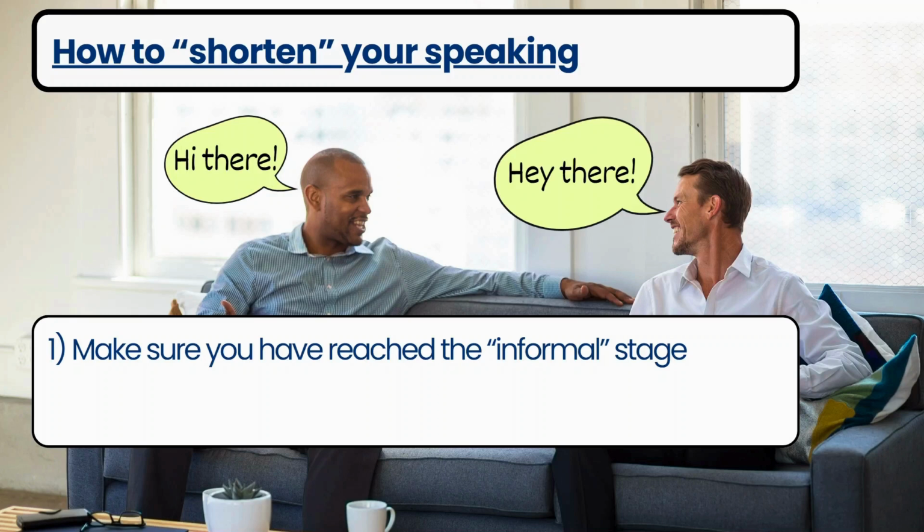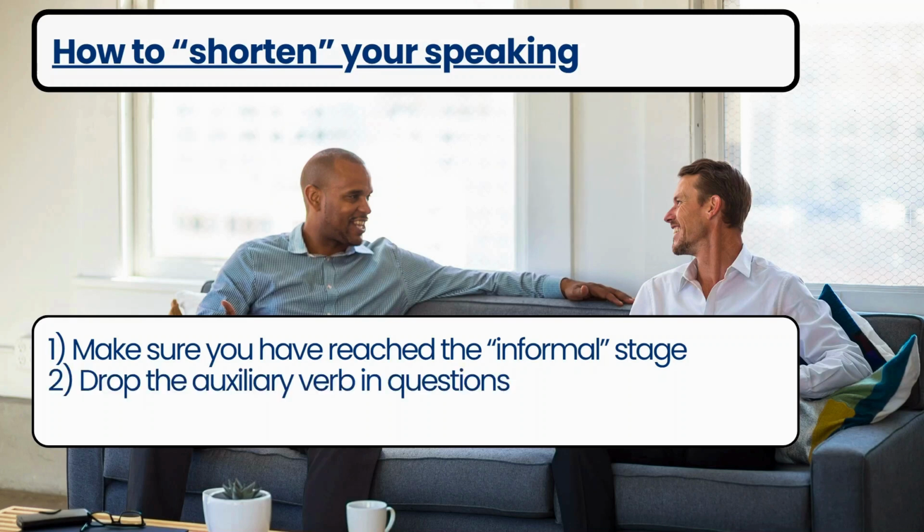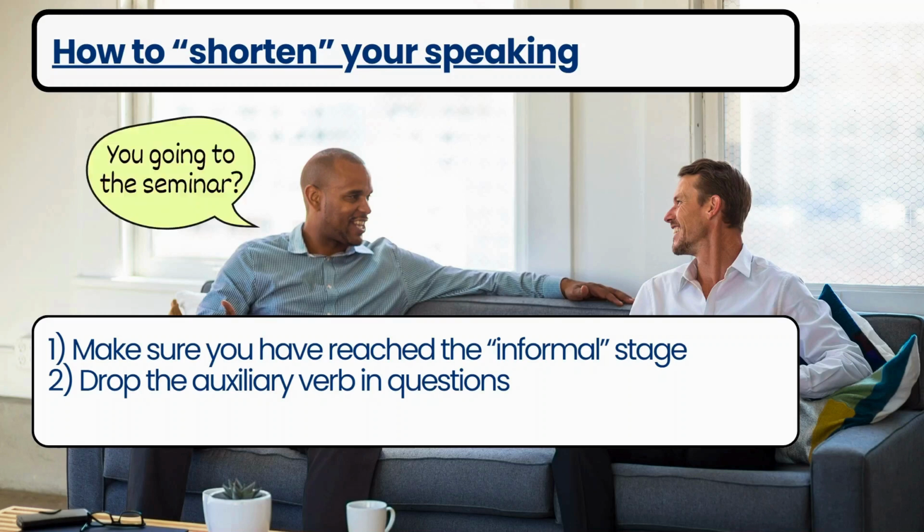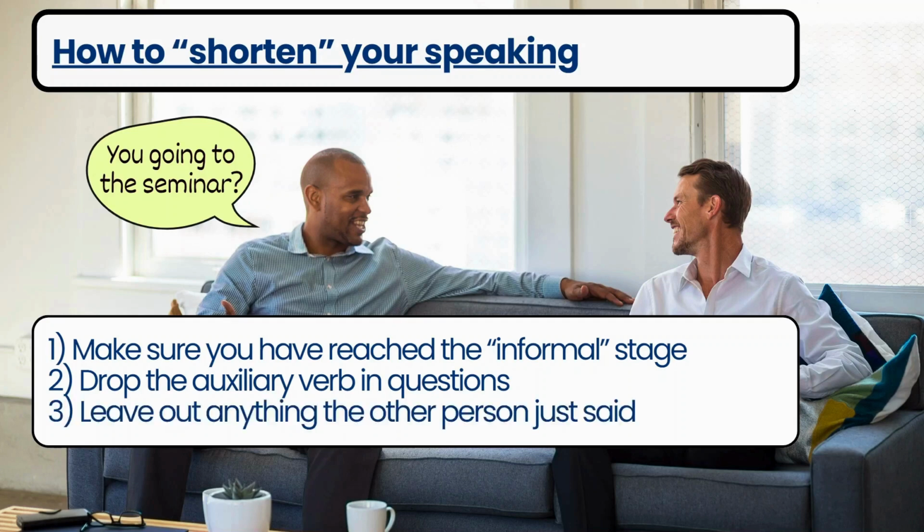Once you've become more informal, it's then appropriate to shorten your speaking firstly through dropping the auxiliary verb in questions. So instead of saying, are you going to the seminar? You'd say, you going to the seminar? Thirdly, leave out anything the other person just said.